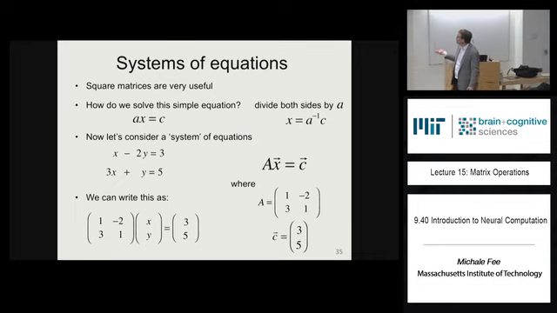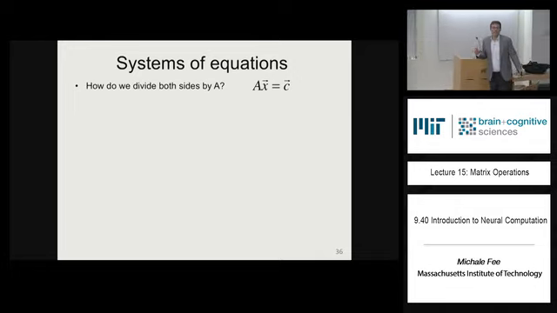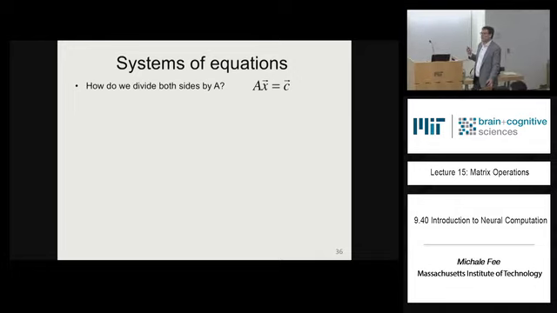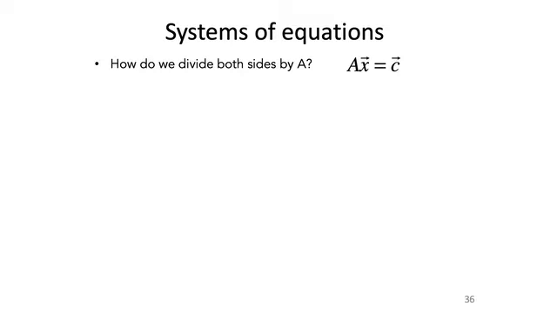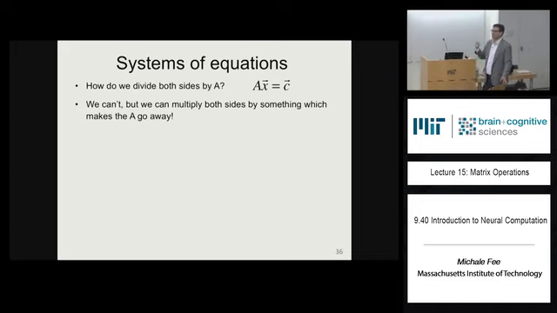Okay? Now, how do we solve this? Well, can we just divide both sides of that matrix equation, that vector equation, by A? Division is not really defined for matrices, but we can use another trick. We can multiply both sides of this equation by something that makes the A go away.